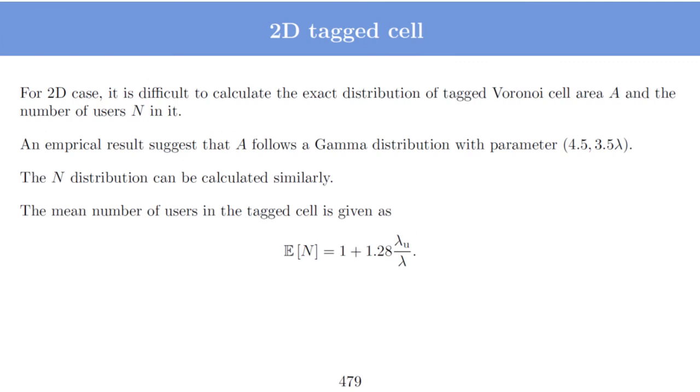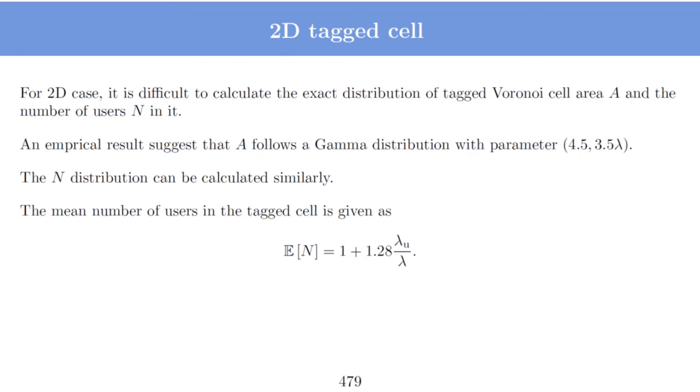Now we are in the 2D case, and for this the exact characterization is actually difficult. There are some numerical results given by fitting the Voronoi cell, and one of these results, which is popularly accepted in the present literature, is that A, the area of the tagged Voronoi cell, follows a gamma distribution with parameters 4.5 and 3.5 lambda. So 4.5 is the shape parameter and 3.5 lambda is the rate parameter.